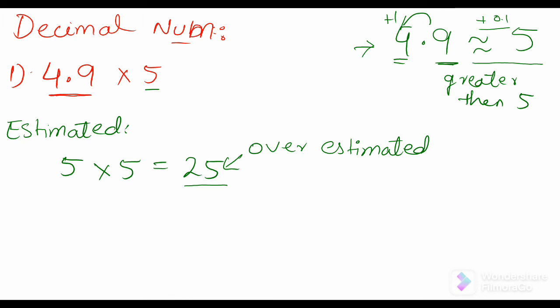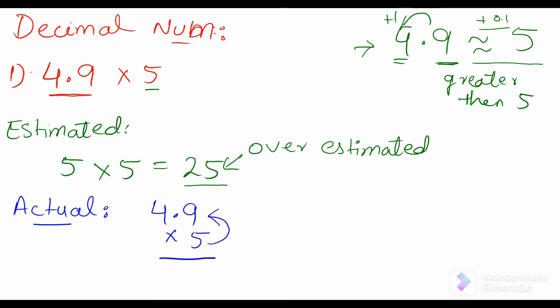Let me move to my actual answer. I am going to use the standard method here. 9 times 5 is 45. 4 times 5 is 20 plus 4, it will become 24. The decimal will move down, so it will become 24.5.